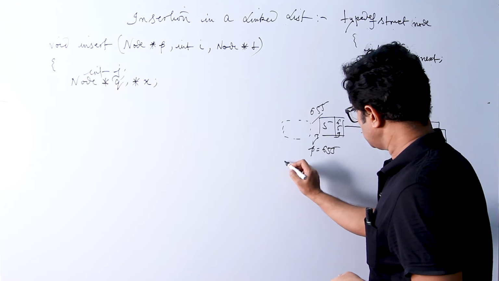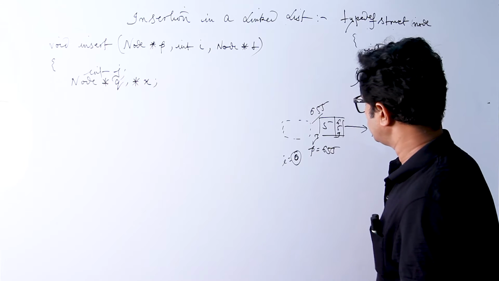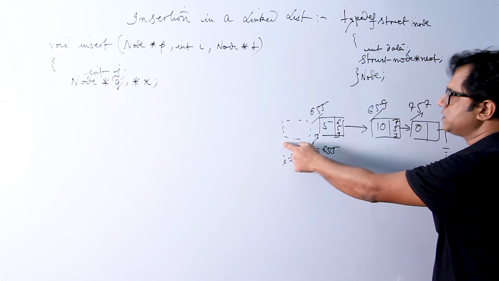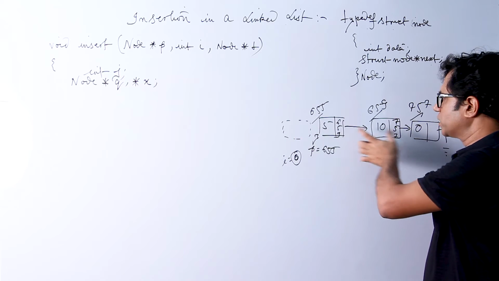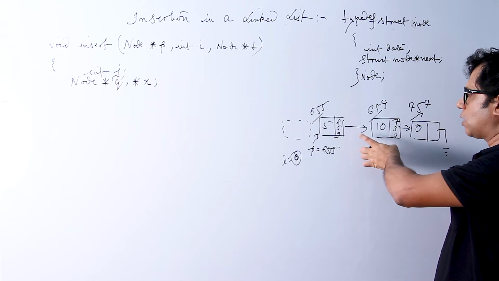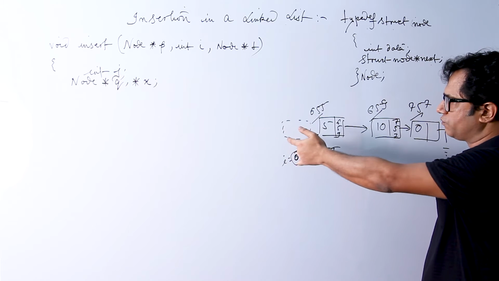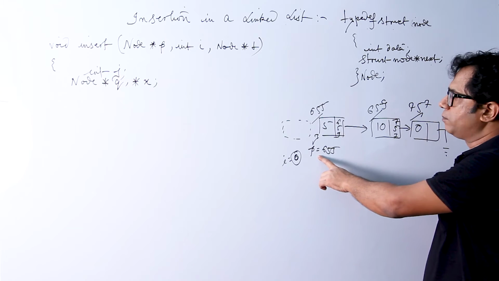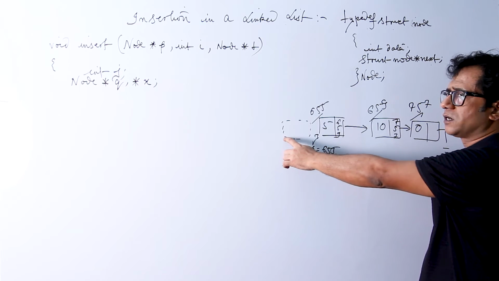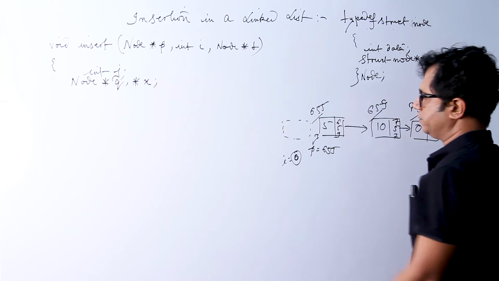That position will be taken as the 0th position, i is equal to 0. So if i is equal to 0, after insertion the linked list will contain 4 nodes, out of which the newly inserted node will be the first node of the entire sequence, and the P pointer, the list pointer, will be pointing to this newly inserted node which is taken to be node star T.